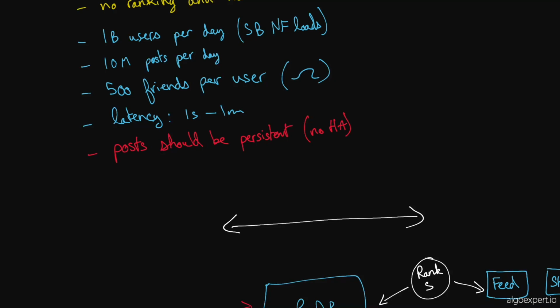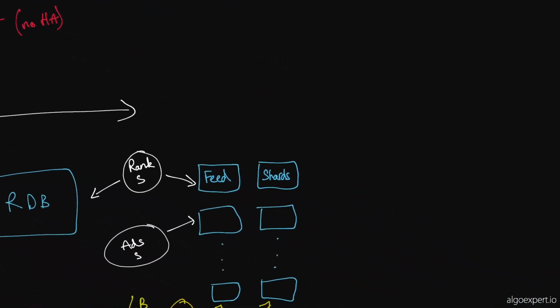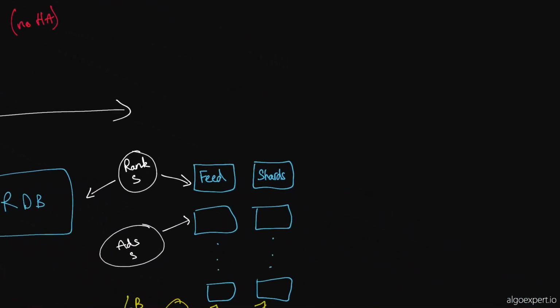If we have 1,000 posts of 10 kilobytes each in every news feed, that's 1,000 times 10 kilobytes. That's 10 megabytes per news feed. So I'll maybe write this here.